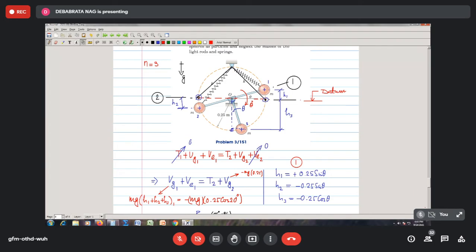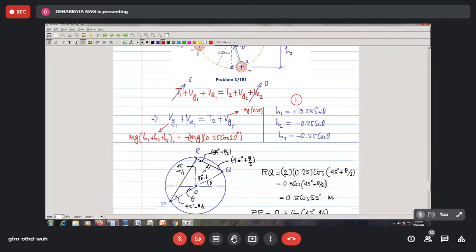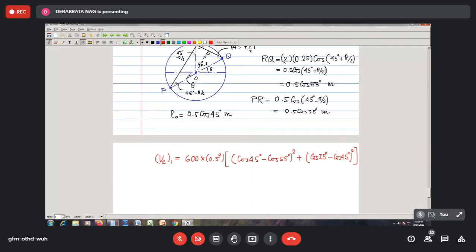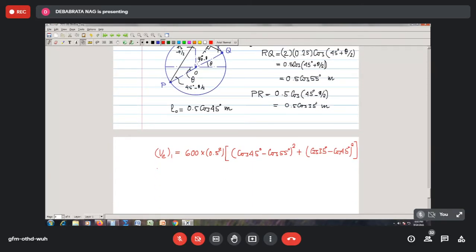So I can thus say that T2, the kinetic energy at position 2, if I assume theta dot is the angular velocity, when theta is becoming 0, it is 3 by 2, because all kinetic energies are equal, 3 masses, so therefore 3 by 2 into m.